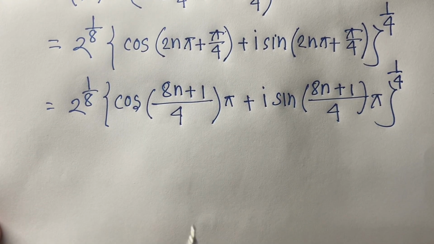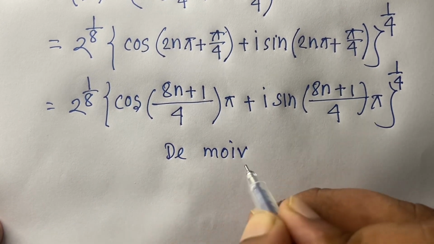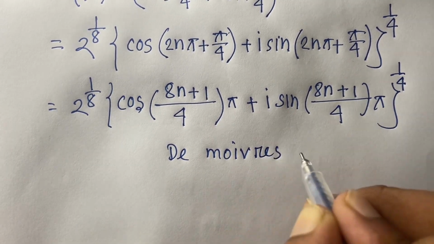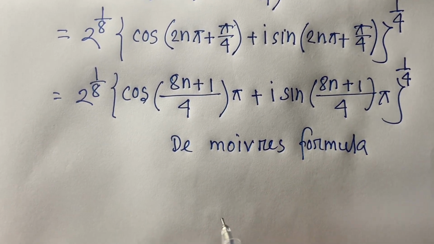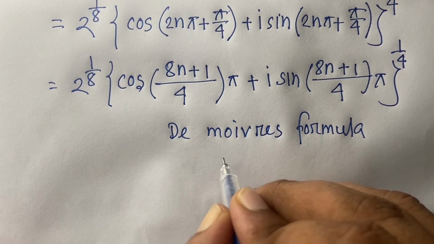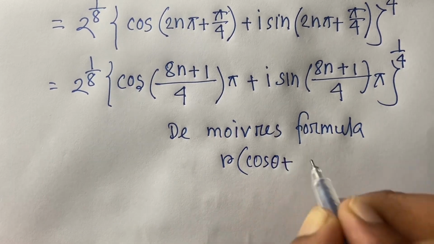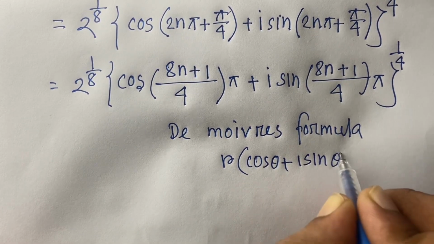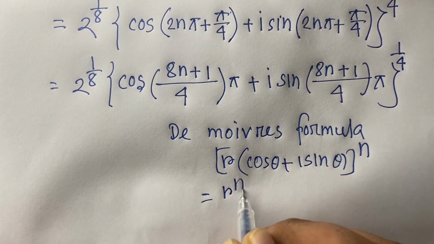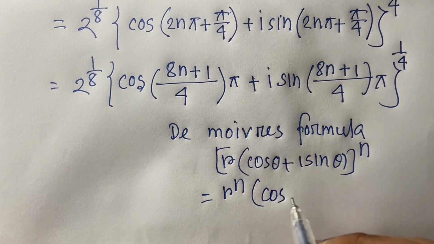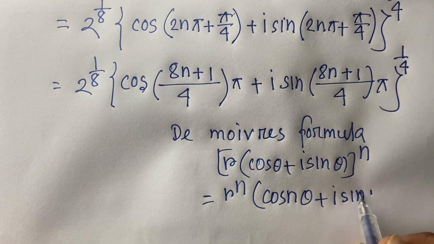Then we know De Moivre's formula: (r times (cos theta plus i sin theta)) to the power n is equal to r to the power n times (cos n theta plus i sin n theta).